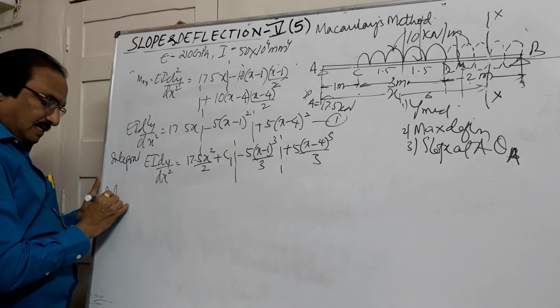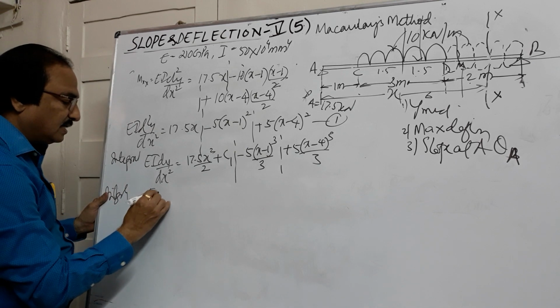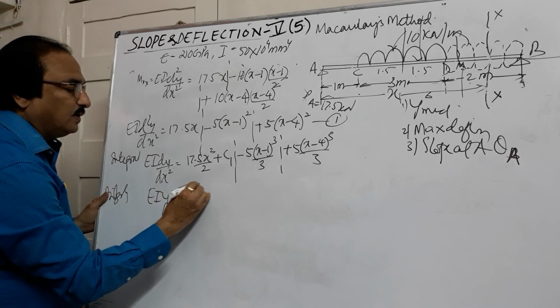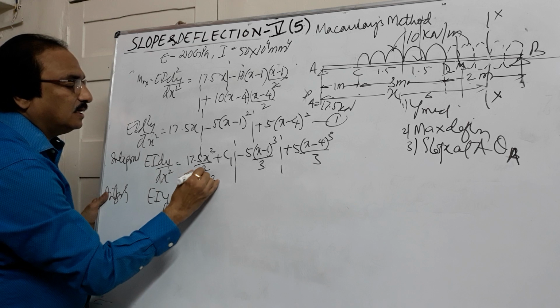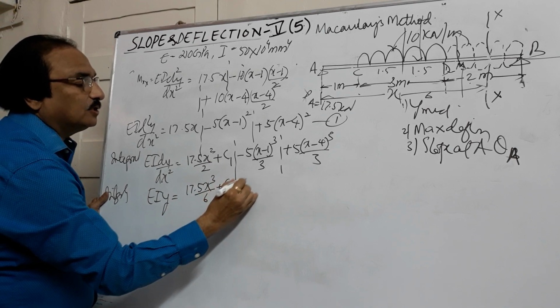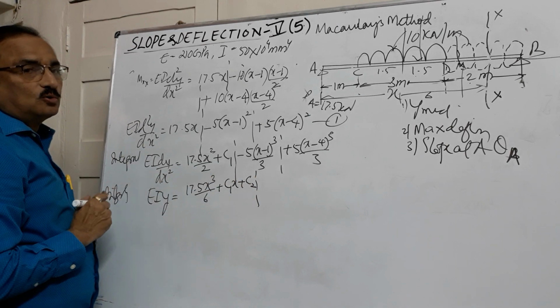Further integrating again, here we get EI into y is equal to 17.5 x cube by 6 plus C1x plus C2, a new constant again in the first portion only. This is the rule to be followed.